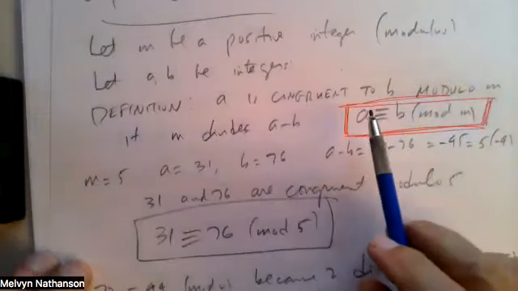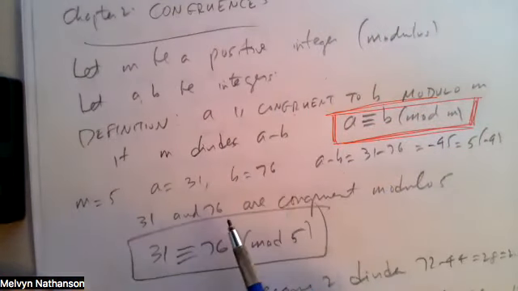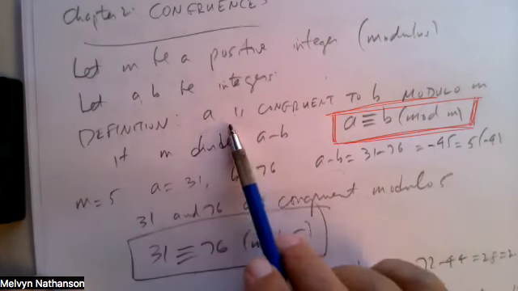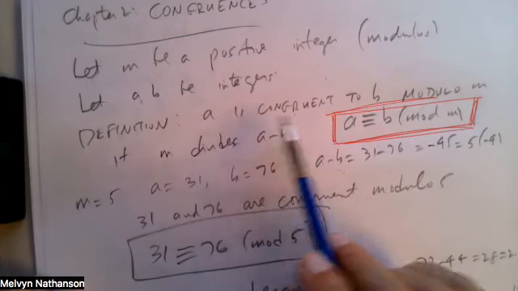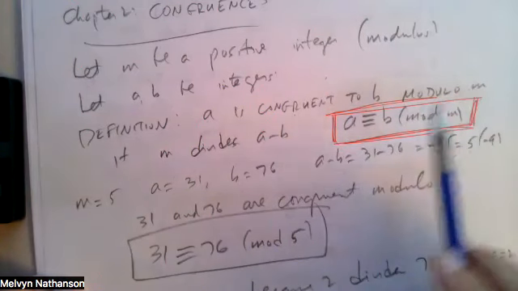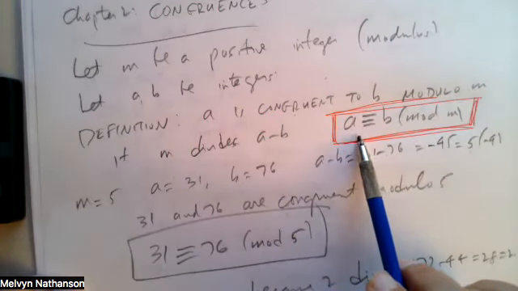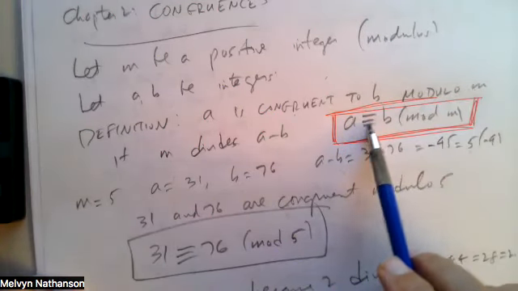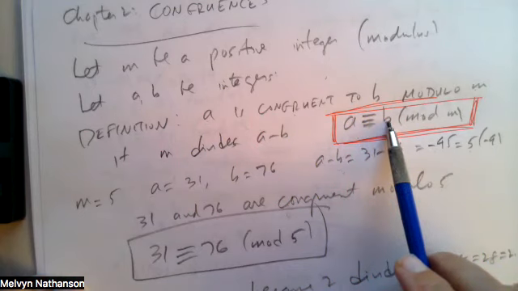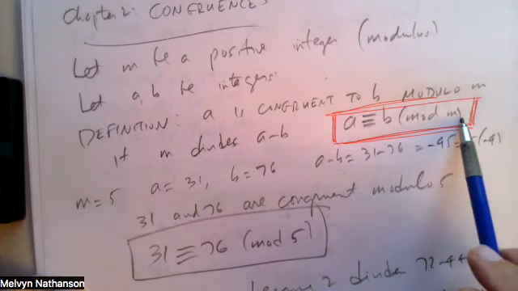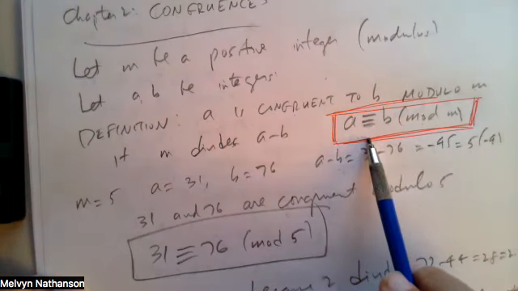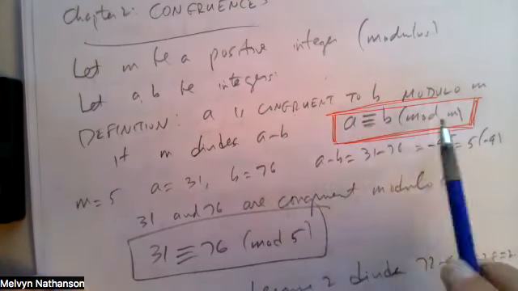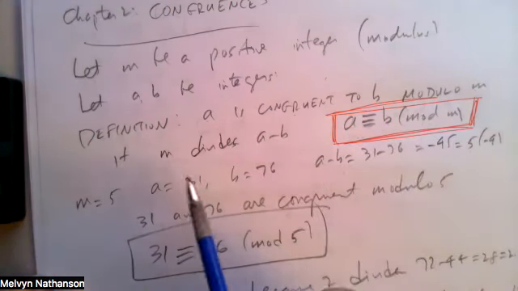Professor, what's mod? Can you go back to the other page? So this is the definition. A is congruent to B modulo M. The notation is A, and then these 3 horizontal lines, B, in parentheses mod M. And that means that M divides A minus B, right?